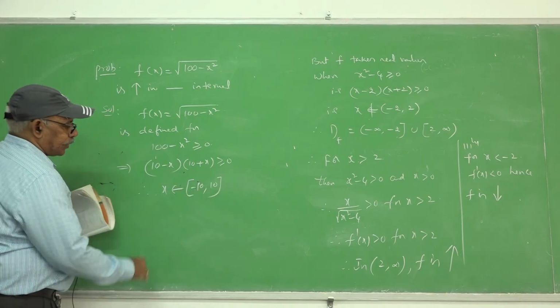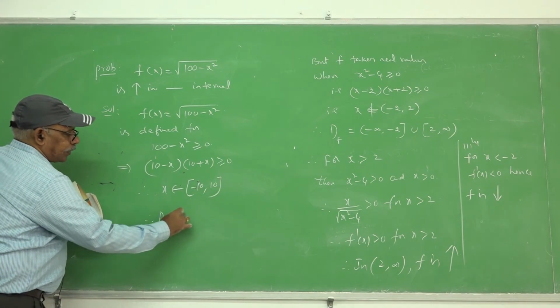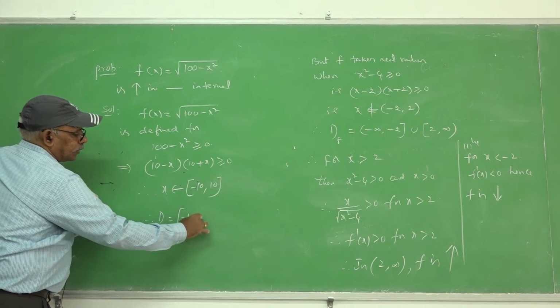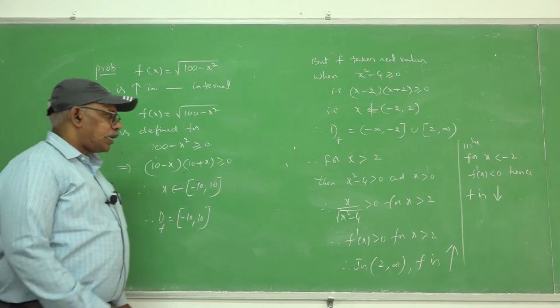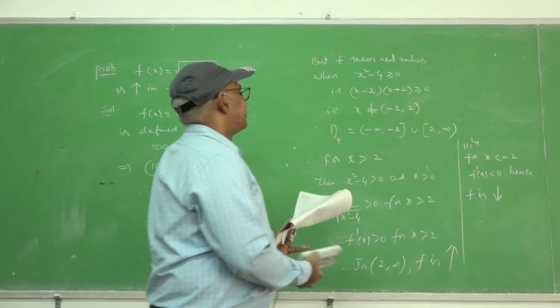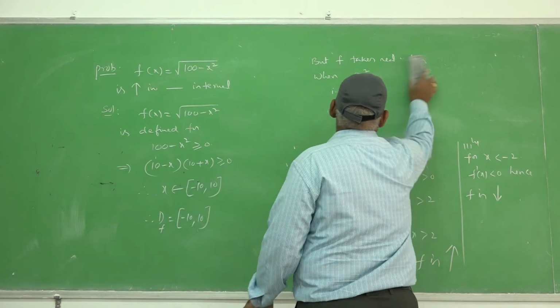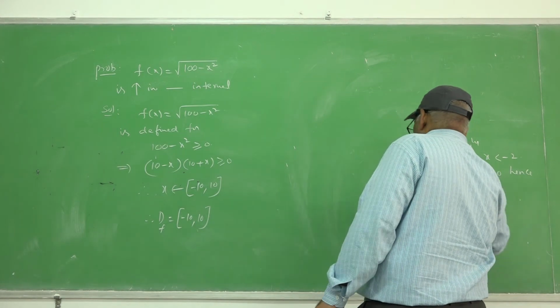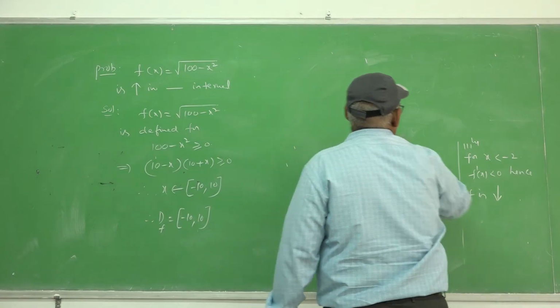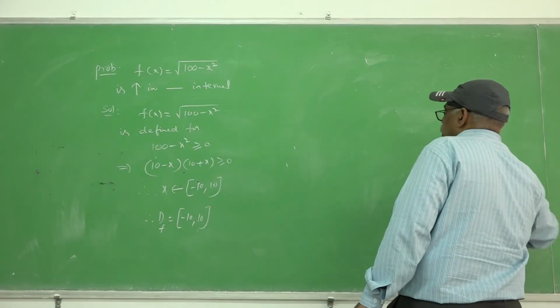The domain of the function is minus 10 comma 10. In that interval only the nature of the function is to be discussed here, so that from minus 10 to 10 only we have to observe the monotonic nature of the function.